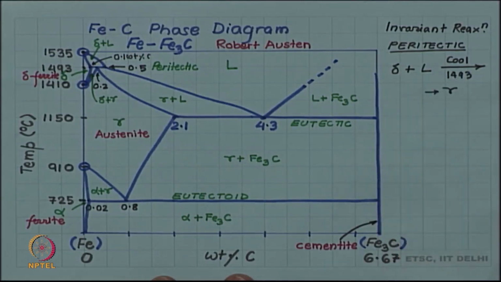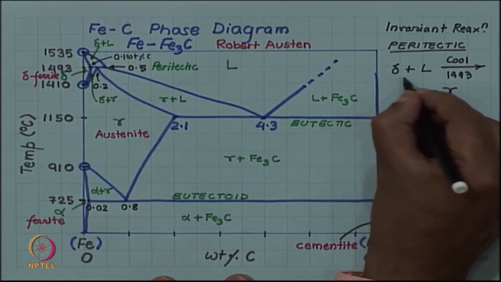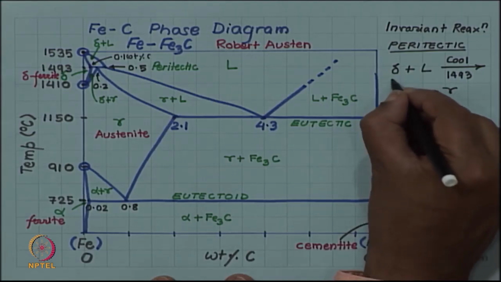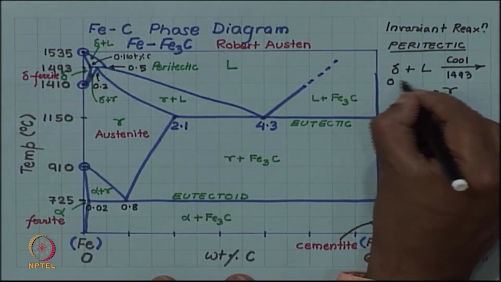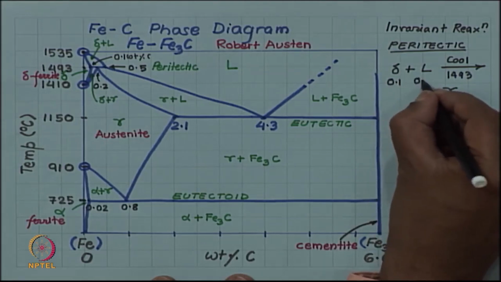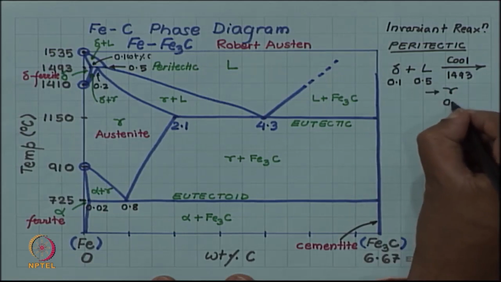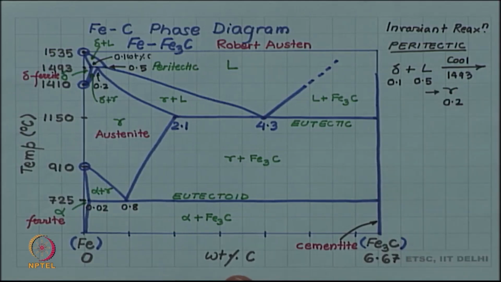Delta plus liquid on cooling is changing to gamma. The composition of delta is 0.1, of liquid is 0.5, and gamma produced is 0.2. So, that is the peritectic reaction.